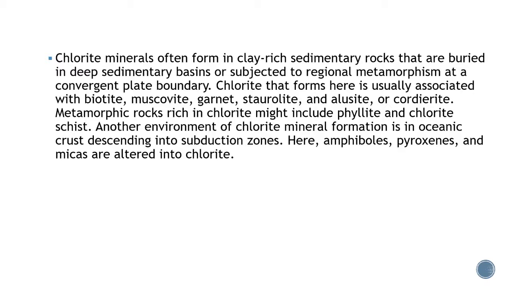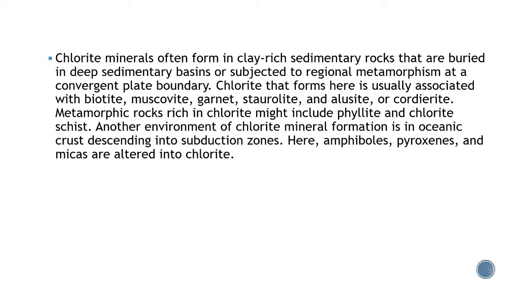So this could be a product of their alteration. Chlorite minerals also form during hydrothermal metasomatism or contact metasomatism. These chlorite minerals are often found in fractured solution cavities or the vesicles of igneous rocks.